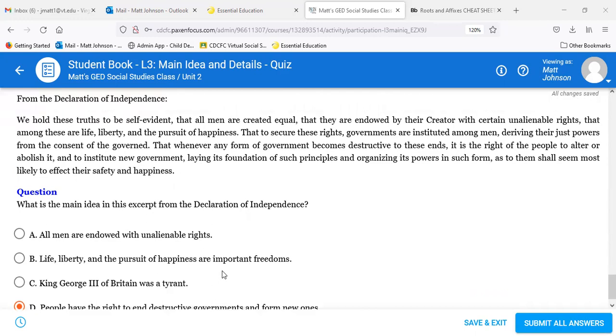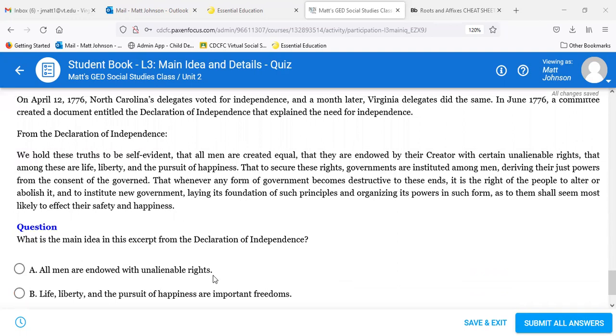So again, thinking about the title, really important, right? Declaration of Independence. We know it's not going to be a recipe for chocolate cake, right? It's going to have to do with declaring your independence from whether it's a separate country or a separate government. That's going to be the focus there.